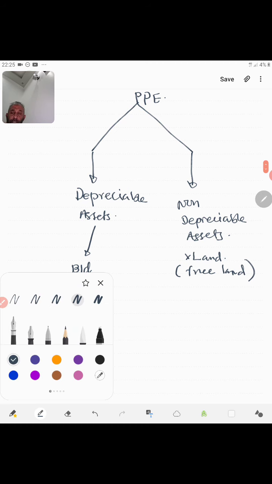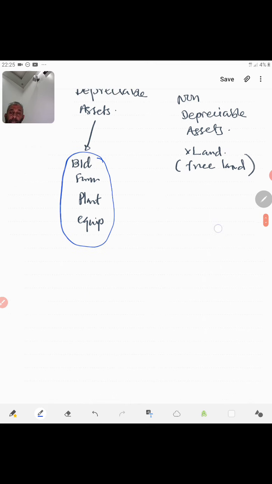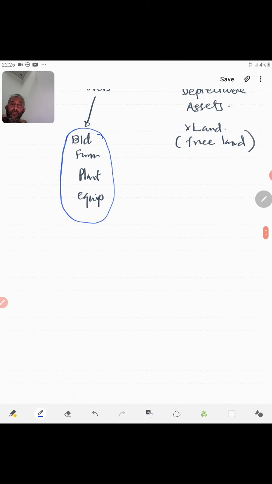Now, prior to thinking about the revaluation, when these assets are under usage, according to the concept of depreciation, these assets which are depreciable assets will be subject to depreciation, and the non-depreciable assets will remain as they are with no depreciation.